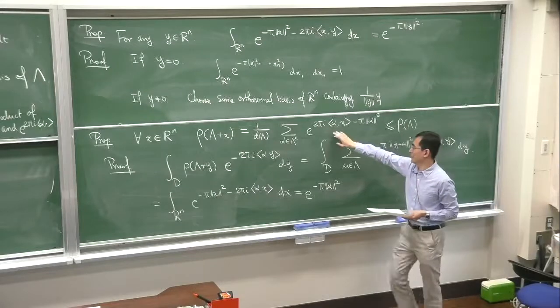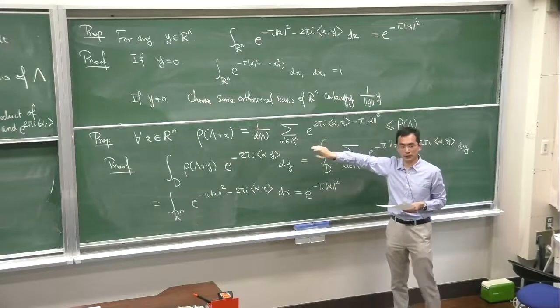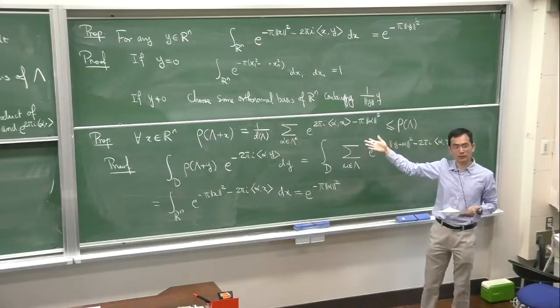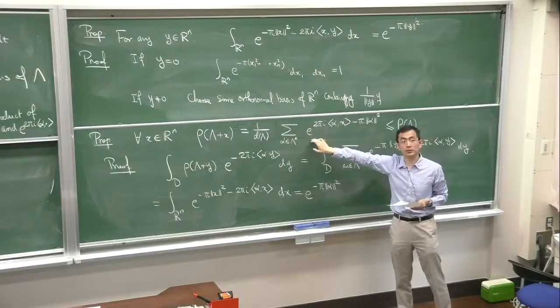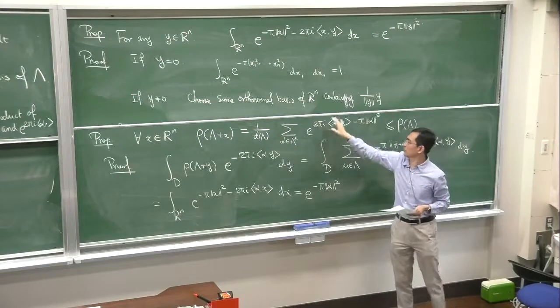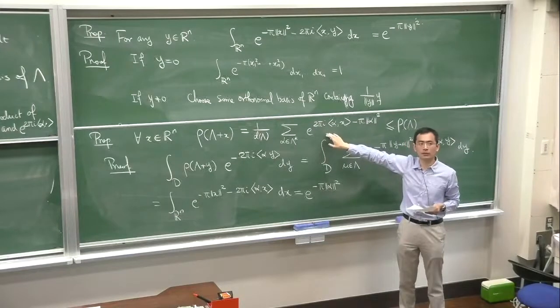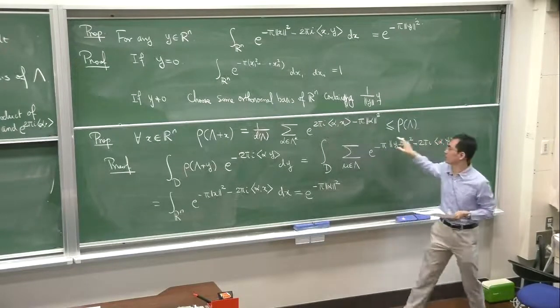So then you find something very similar to the same type of sum, only with an extra coefficient. But this coefficient is bounded from above by 1.